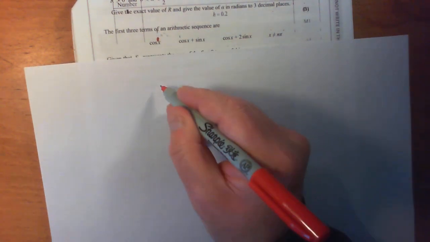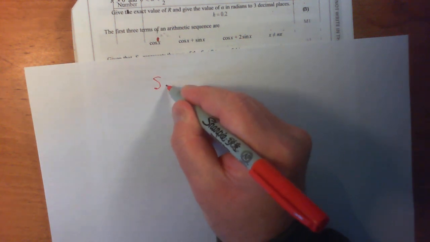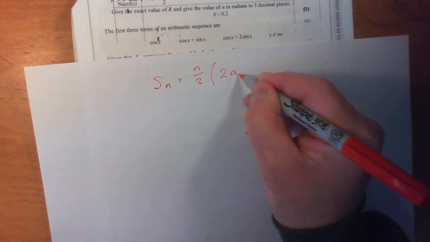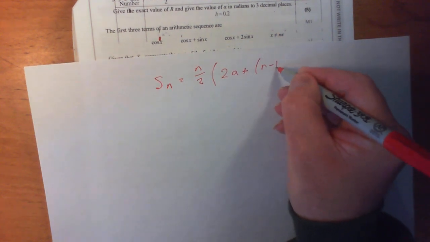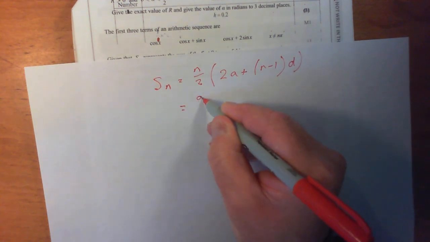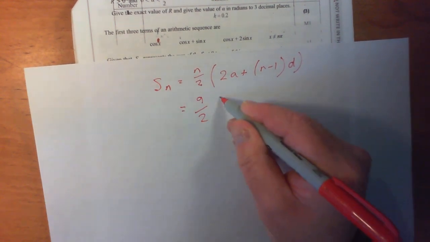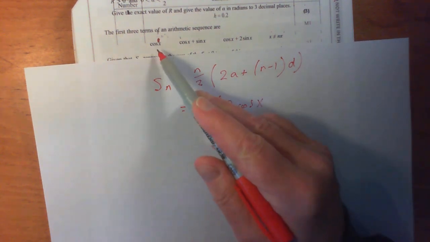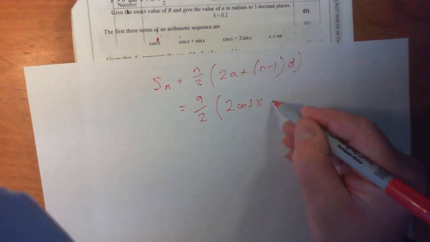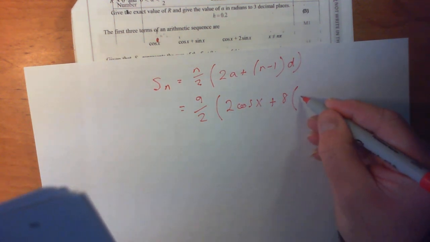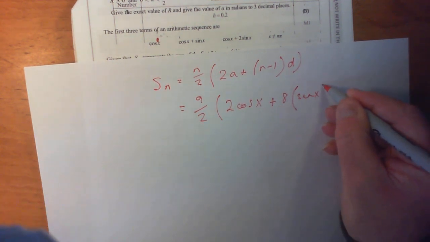So the formula would be Sn equals n over 2 times 2a plus n minus 1 d. So that equals 9 over 2 times 2 cos x, okay, 2 times that, plus 8 times the common difference, which as we just said is sine x.